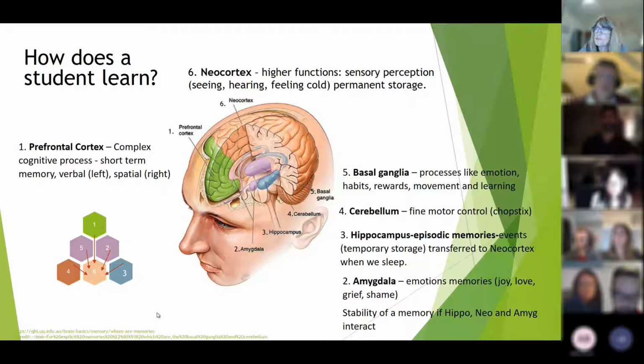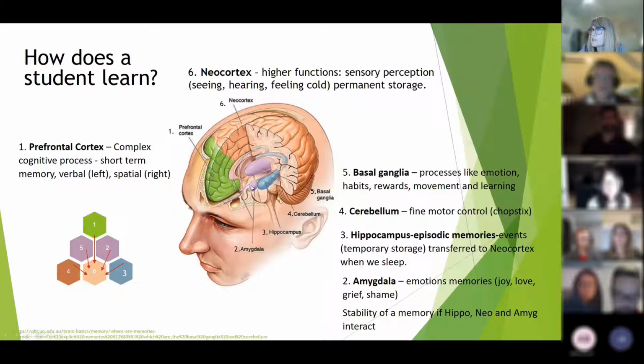And so just to have a quick look at this, in the prefrontal cortex, that is where the short-term memory lies. And that is also where the verbal and the spatial recognition is found. And then this number 2, the amygdala here, you see that smaller shape there, that's where the emotions and the memories lie.